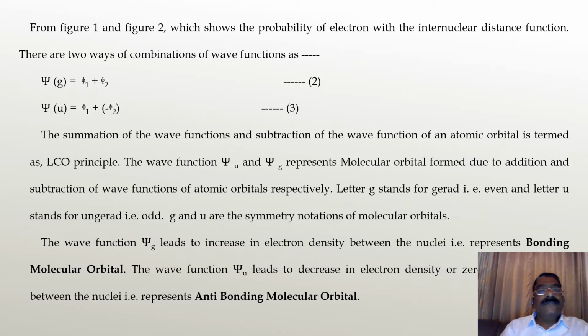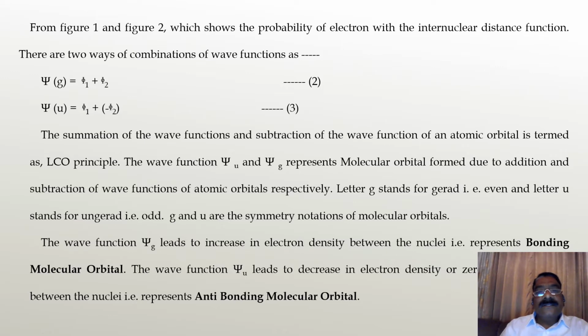There are two ways of combining the wave functions. First, psi g is equal to phi1 plus phi2. Here there is the addition of the waves. And second, psi u is equal to phi1 minus phi2, equation 3. Here there is the subtraction of the waves. The summation and subtraction of the wave functions of atomic orbitals is termed the LCAO principle.